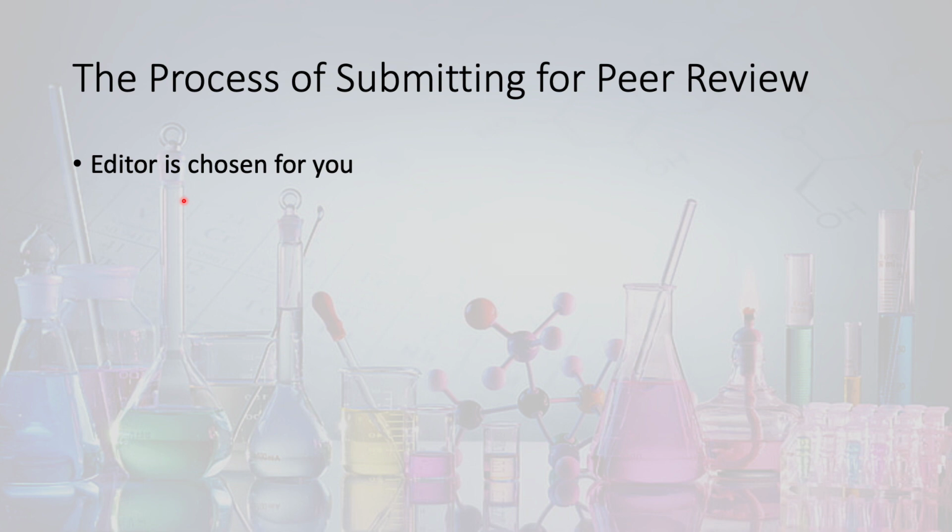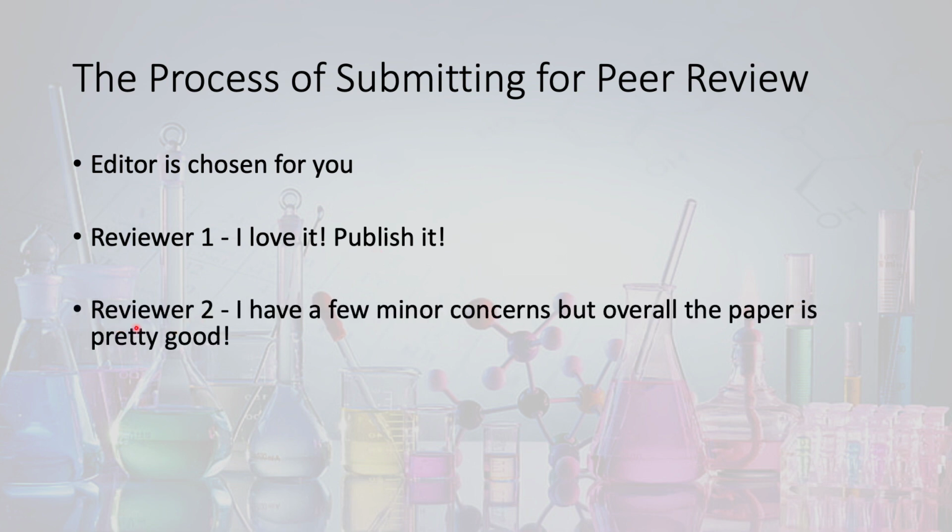And so loosely this can come out three ways. One way it can come out, reviewer one, let's say they read it and their feedback is, overall, I love it. Publish it immediately, no concerns. Or sometimes reviewer two can say something like, I have a few minor concerns, but overall the paper's pretty good.